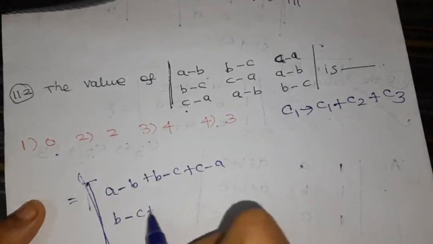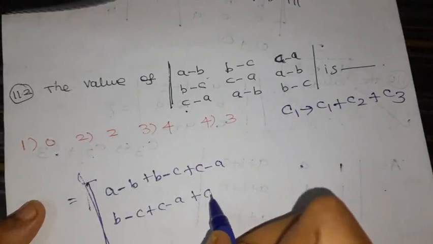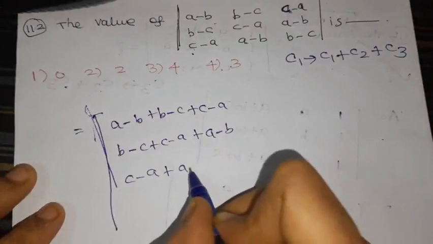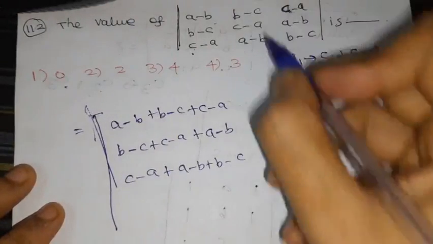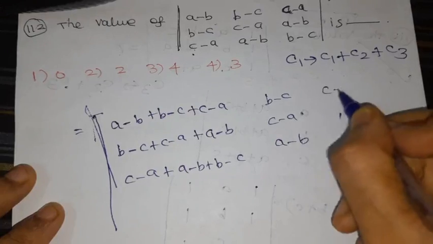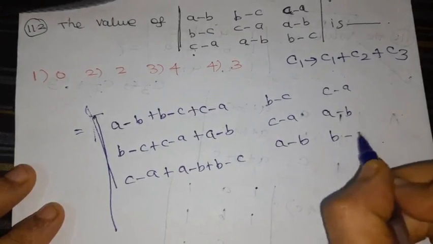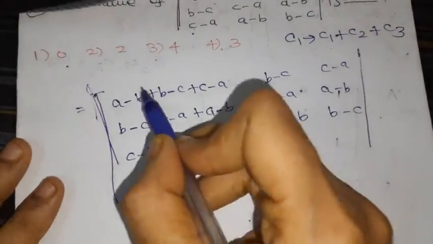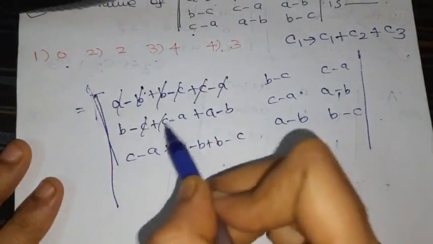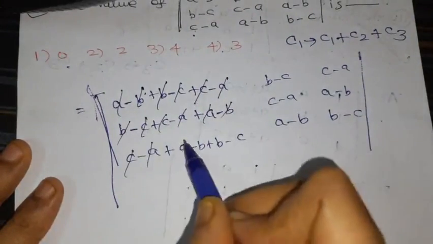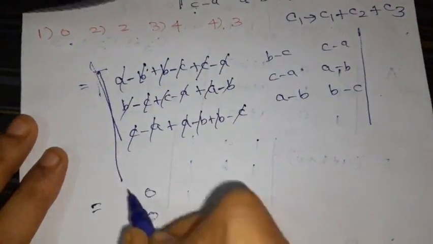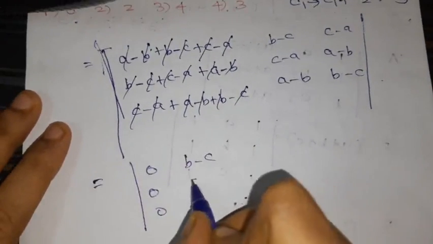Then B minus C, C minus A plus A minus B. Then C minus A plus A minus B plus B minus C. Then C2 and C3 are going to be the same. So B minus B gets cancelled, C minus C, A minus A. Here also all terms get cancelled. So first column becomes 0. So the remaining columns will be the same.